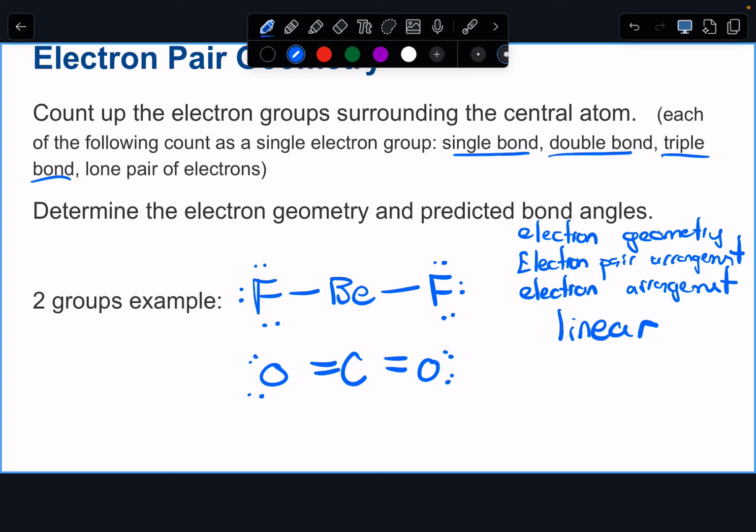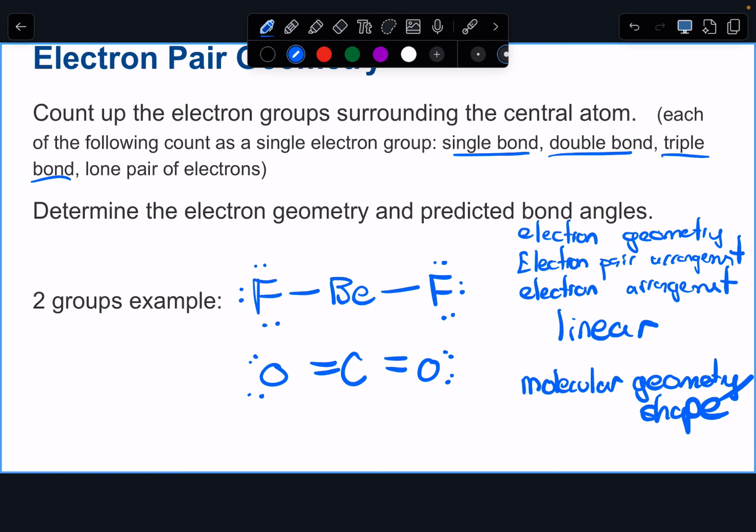The other label that we're going to give these is called the molecular, so this is the key word, or molecule geometry, or maybe shape. And this is if you trace the shape that the atoms take on.